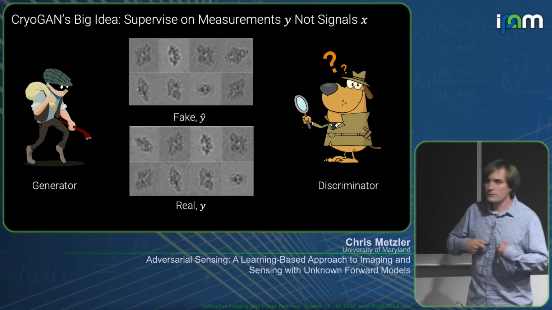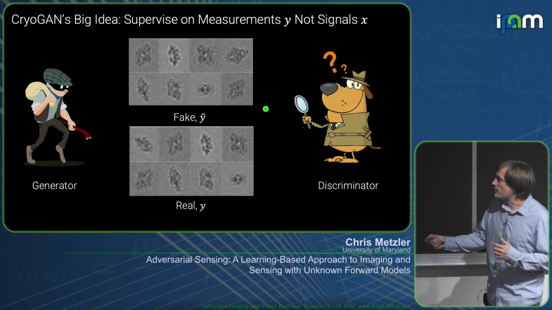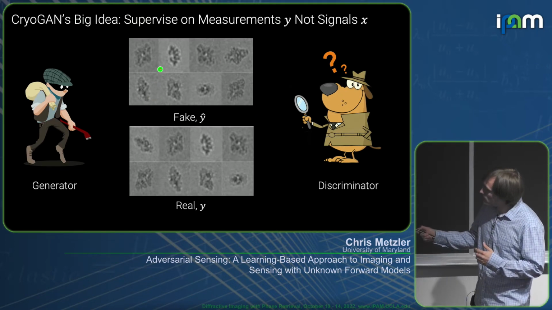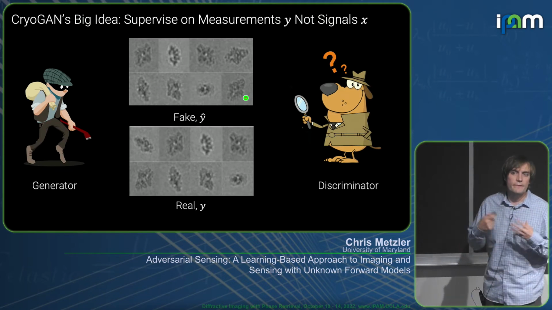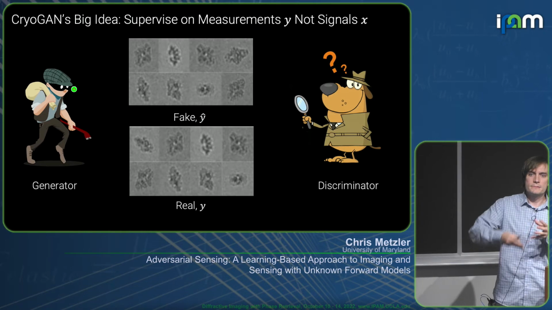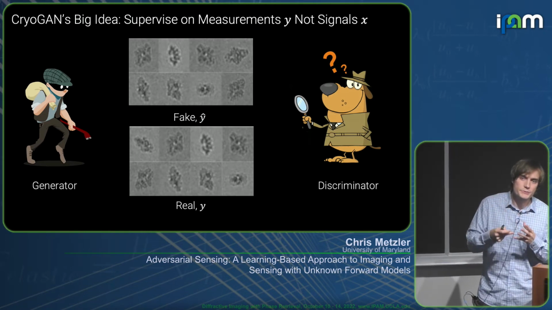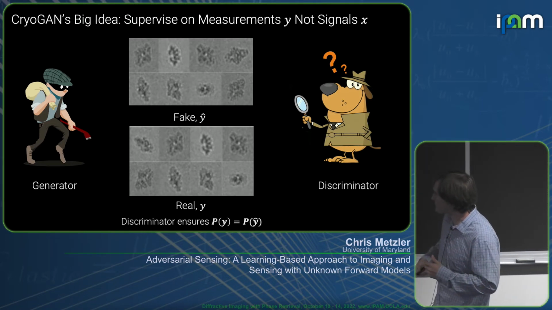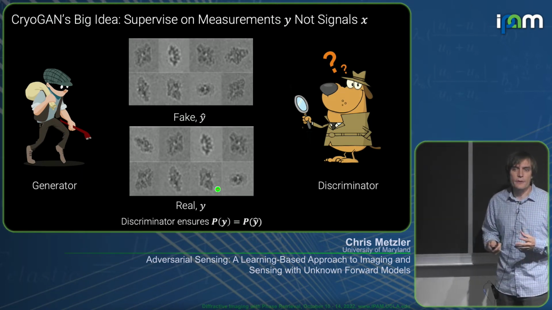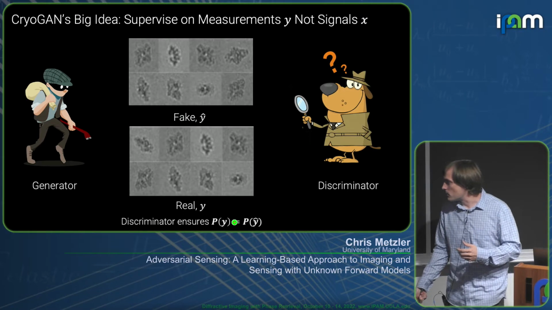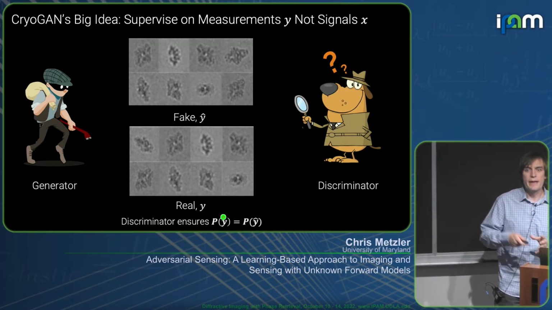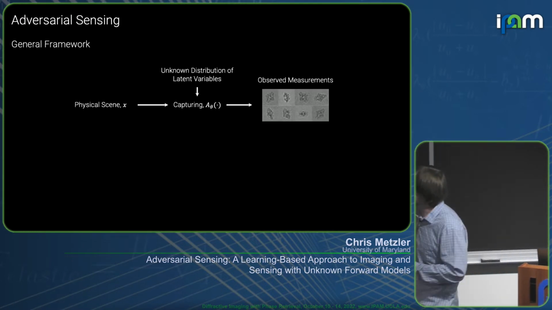Using the framework I'll describe shortly, they eventually got the generator to produce noisy tomograms that followed the same distribution. Embedded in this generator framework is implicitly a 3D reconstruction of the signal. Again, the takeaway is that using this GAN framework, we can ensure that the distribution of our predicted observations matches the distribution of the true observations.